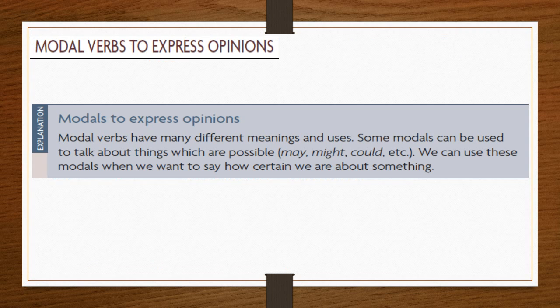Or we can use them if we are certain about what we are talking about, like will, would. So modal verbs express possibility, like may, might, can, could, and they can express certainty, like will and would.